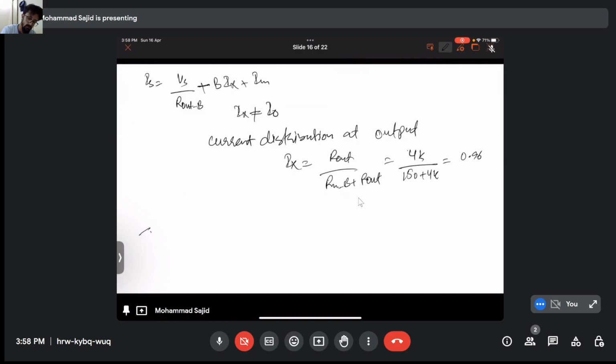Okay, so my beta is equivalent to 0.96. Let me just calculate it. That comes out to be 0.24. So beta dash will be equal to 0.24.